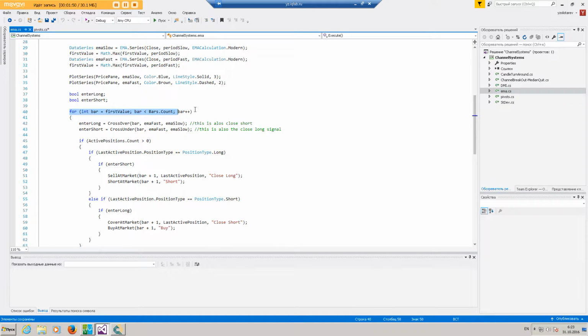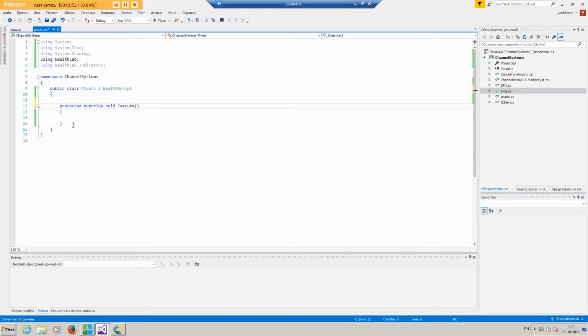And then I have the main trade cycle, and we're gonna start from the first value, which, just to start with, is gonna be 0.